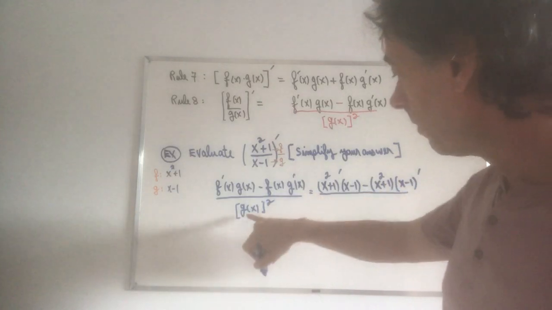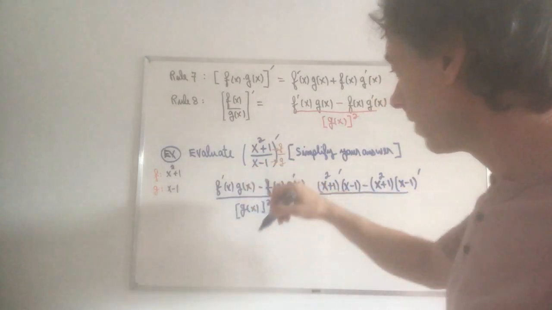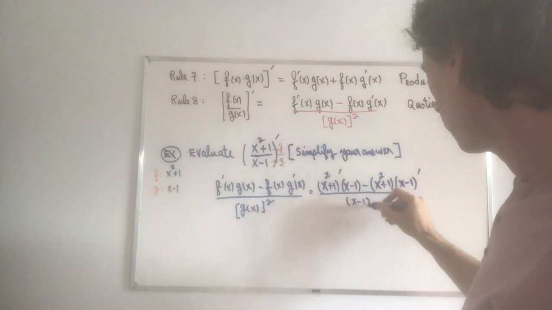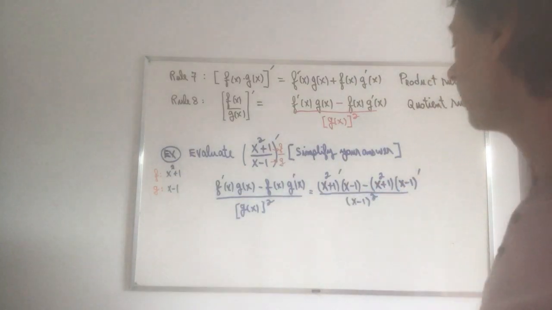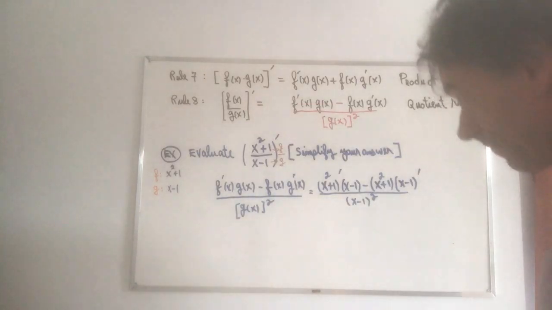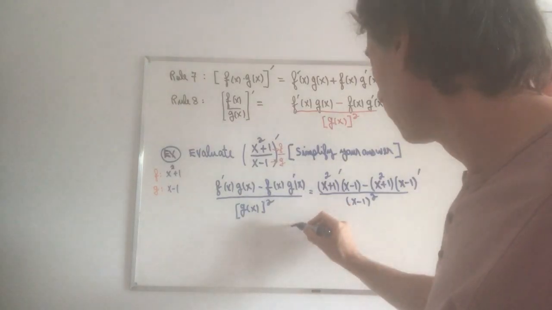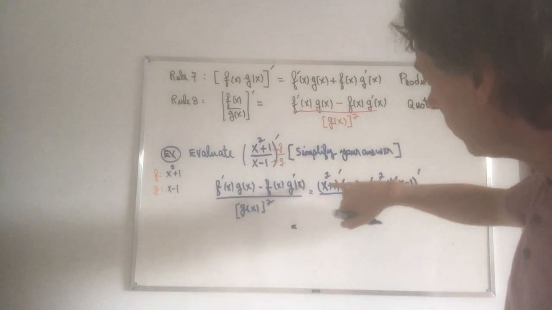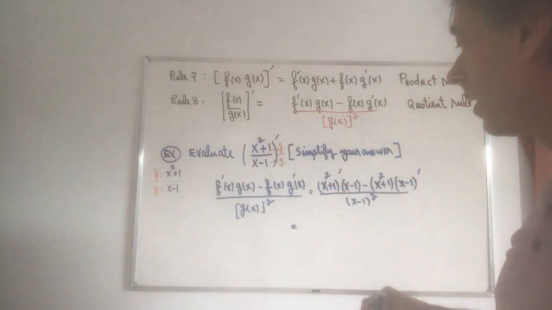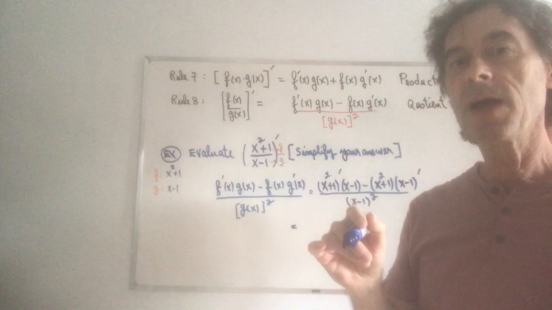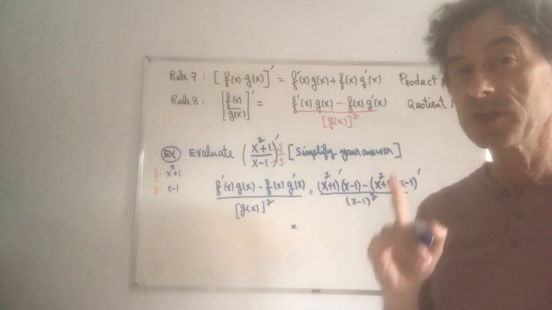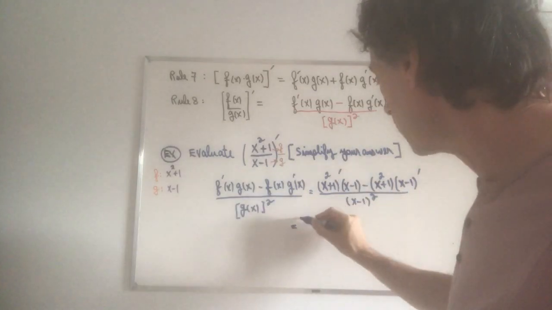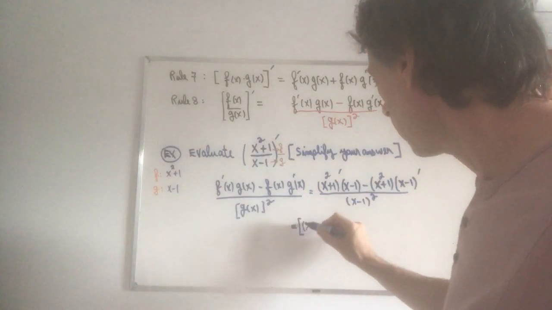So what is g squared? Well, g, like we said, is the bottom, x minus 1, like here. So x minus 1, not prime, sorry. Squared. Good. So, what's all this? This is now the prime of x squared plus 1. X squared plus 1 is the sum of two functions. That is rule 6, f prime plus g prime. So here we go.